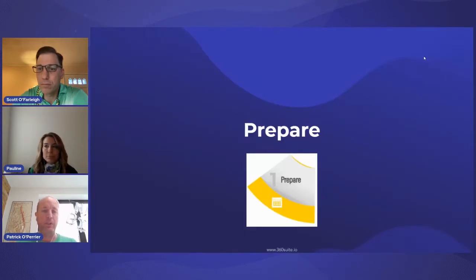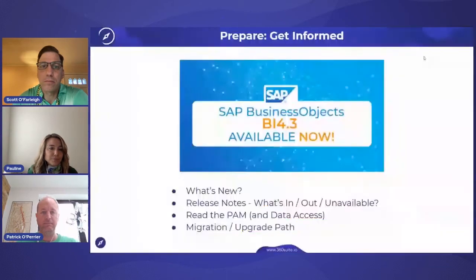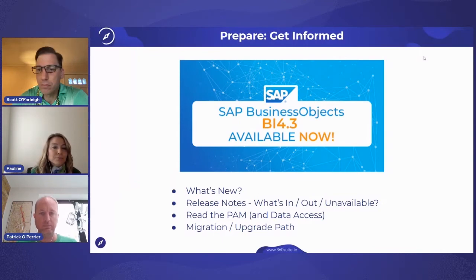Step number one, prepare. Pauline, what should we do? So yeah, and this step is, I think some of your suggestions are validating the PAM, making sure that you check out the release notes for the latest release, read the PAM, make sure that all your third-party solutions, your OS, everything is compatible with the version you're going to, and then make sure what's going to be released, and then come up with a migration upgrade path.